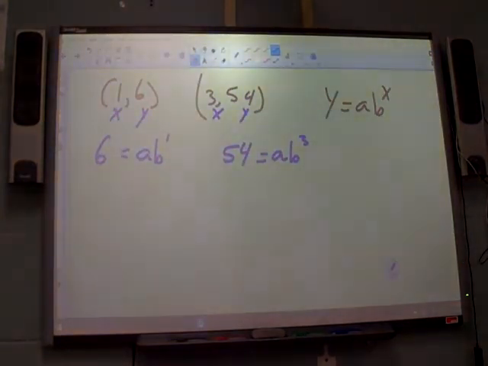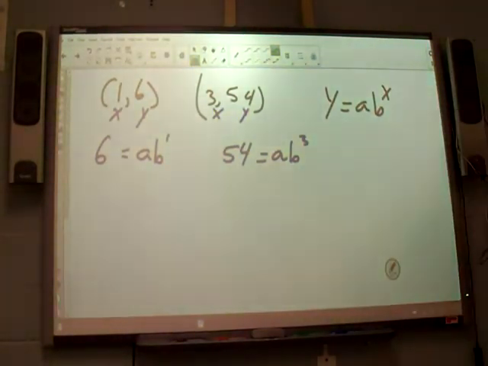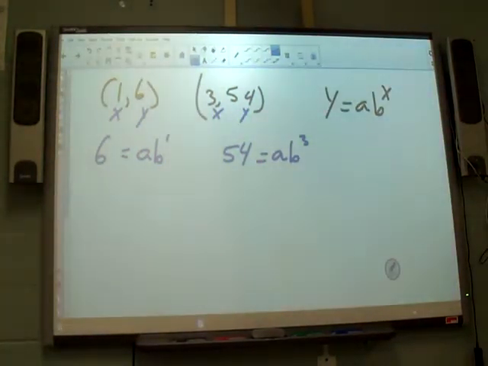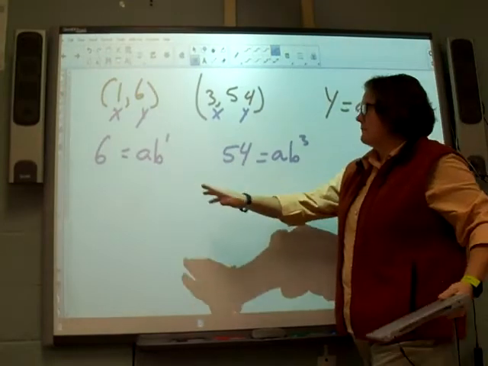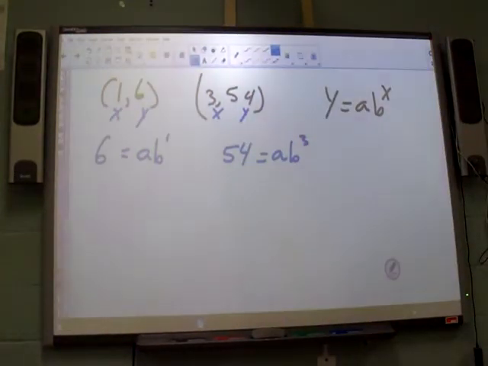Now remember, we're trying to figure out a's and b's. If I look at what's happening in these 2 new equations that we have in blue, the a's have less going on. The a is always going to stay a to the first power, isn't it? Because the exponent's on the b. So it would be easier for me to solve one of these equations for a, because they've got less going on. It doesn't matter which one.